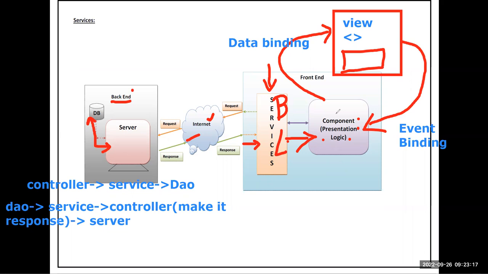If any hacker tries, they cannot directly change anything in your component view file or component presentation logic. Okay. For that, the service is again used for isolation purposes as well. And whatever the HTTP endpoint URL is, it is directly connected to your services, not to your component.